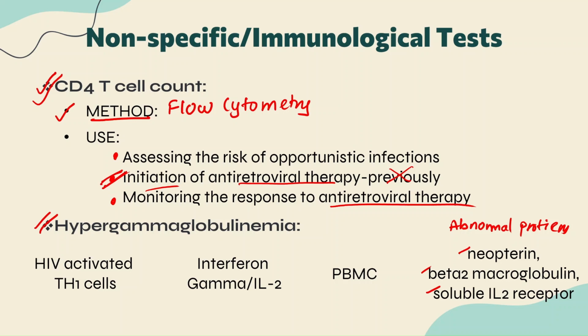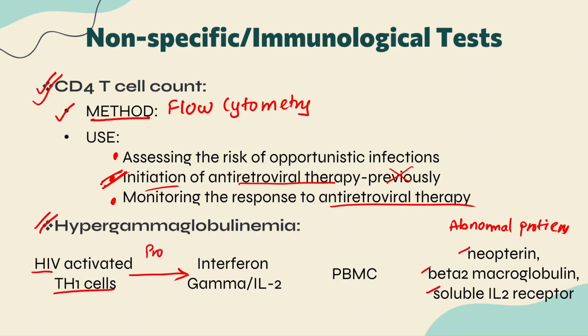Why is the question? So the answer is very simple, because any HIV activated or infected Th1 cells are going to produce the interferon gamma or the interleukin 2, that is IL-2 or INF gamma का production करेंगे.